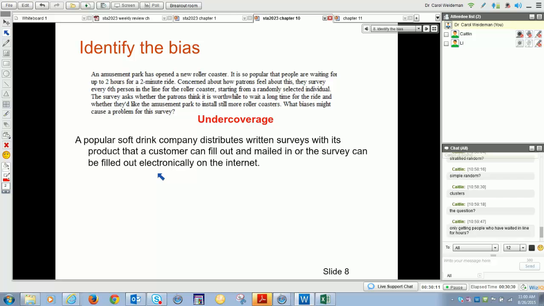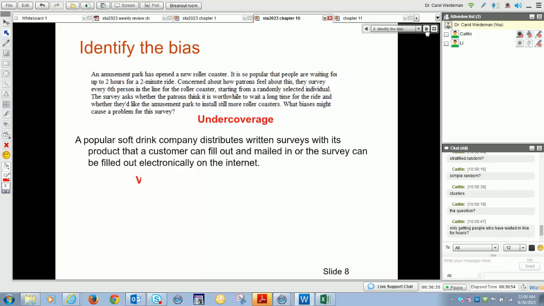What kind of bias? Think of the biases we had. We had undercoverage, we had response bias, we had voluntary response bias, convenience. What do you think is the one that would probably skew the results the most?